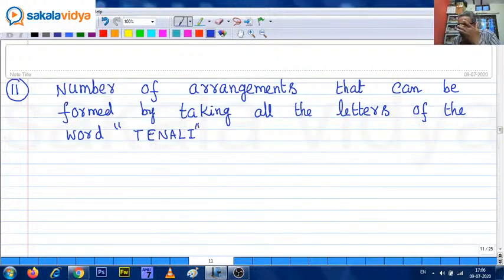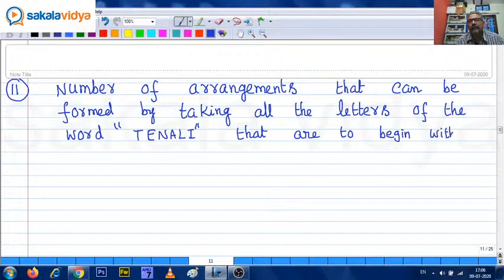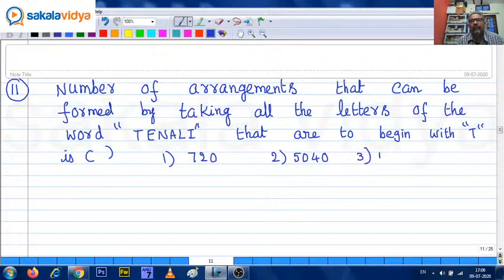The word should not be repeated in that one. Right. The word TENALI that are to begin with T is: first option 720, second option 5040, third option 120, fourth option 270.